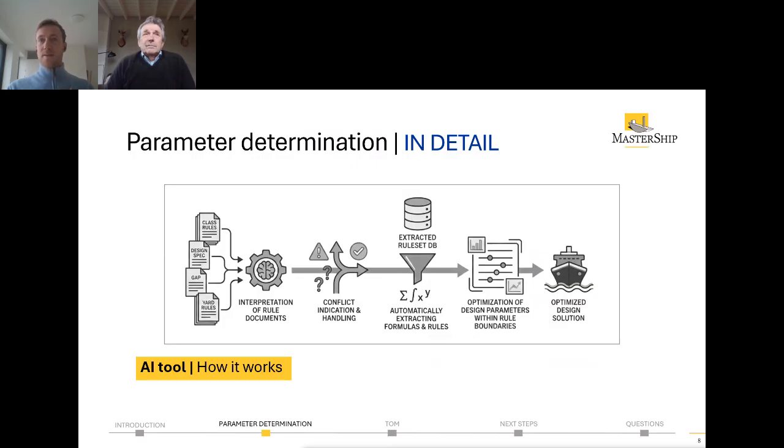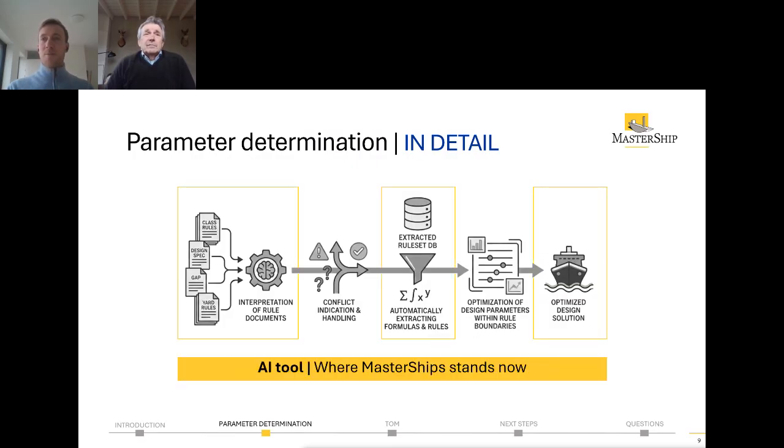So where do we stand now? We stand here at the first, or it is highlighted, 3 steps. We have made practical implementations for those 3 steps. So the interpretation, the extracting of formulas, and finally to get a design solution. The other 2 parts we skipped because we see that the conflict of rules is usually small.